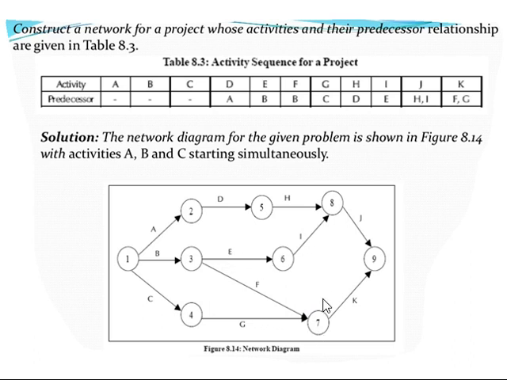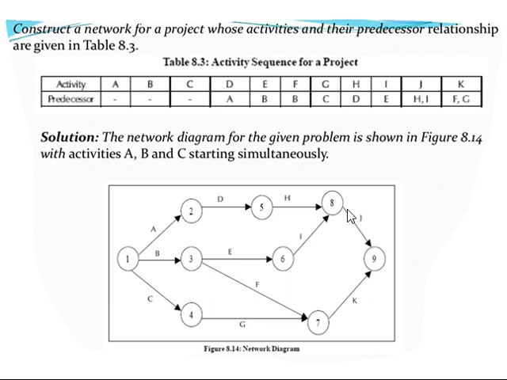Dangling is also not done. Dummy is not introduced, which means there is no dotted arrow. There are no multiple inputs or multiple outputs. Here we have only a common input node and a common output node. That should be there in your construction of the network diagram.